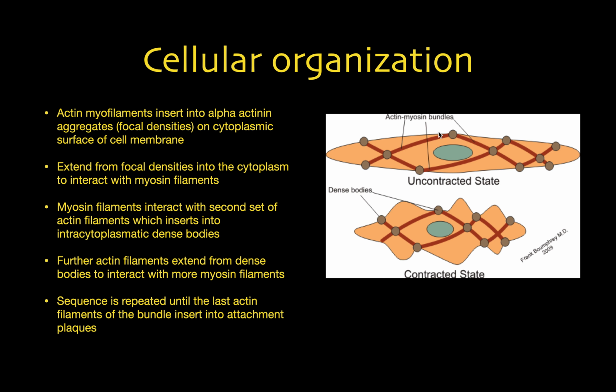And then the myosin filaments will interact with a second set of actin filaments, which insert into the intracytoplasmic dense bodies. And then further actin filaments will extend from those dense bodies to interact with more myosin filaments, and so on and so forth until the last actin filaments of the bundles insert into the attachment plaques.